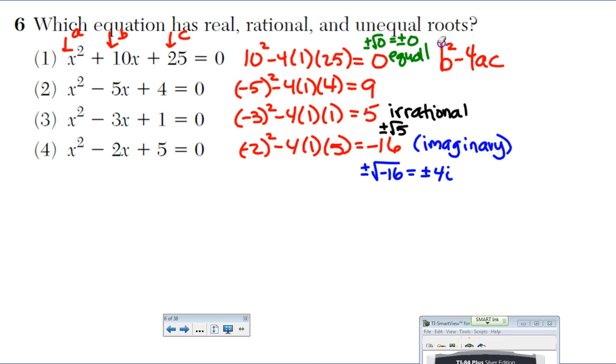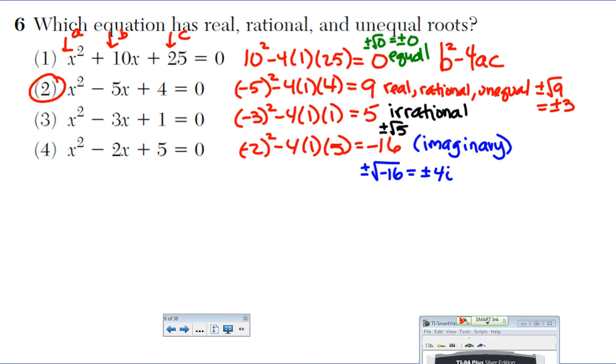So when you finally get to choice 2, a perfect square is going to give you nice real answers that are rational, and you're going to have 2 different ones, which are unequal. If you forgot that, you can put plus and minus radical 9, which gives you 2 nice answers, one with a plus 3 and a minus 3 involved in the calculation. So your answer is choice 2.